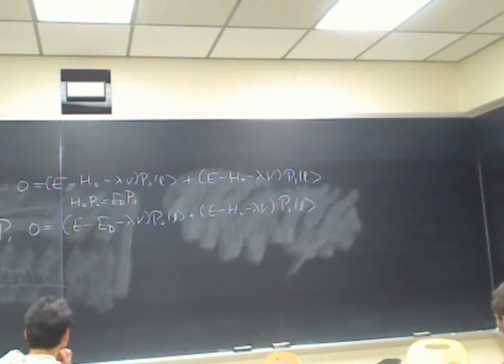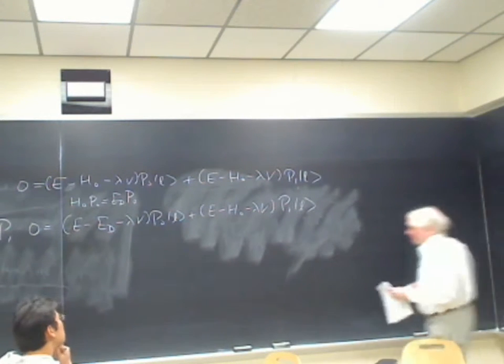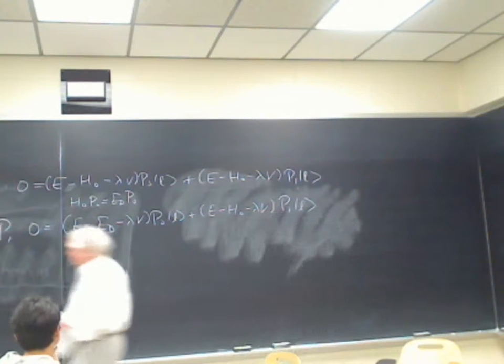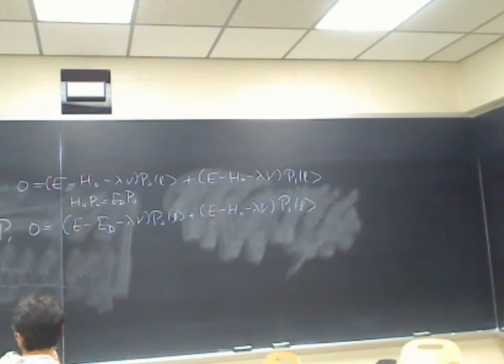All right, let's notice a couple of things. First of all, let's notice that P0 times E minus H0 times P1 equals 0. And why is that? Well, that's because this is the sum over dyadics, and this is the sum over dyadics. Let me just write down what P0 is.